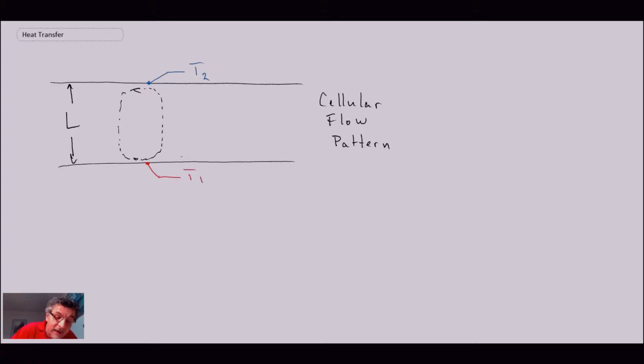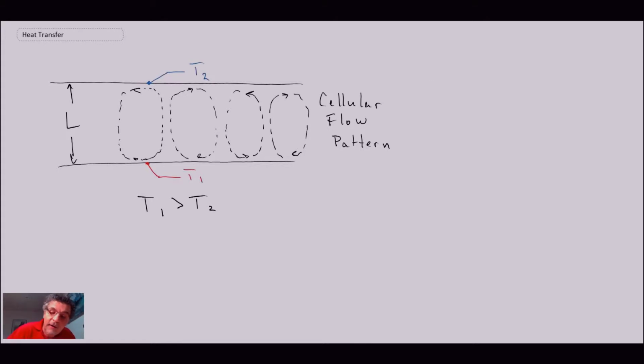We then get these convective cells developing, and depending upon the geometry of the cavity, we can get slightly different types of cells. You get a pattern like that forming, and this is the case for T1 greater than T2.